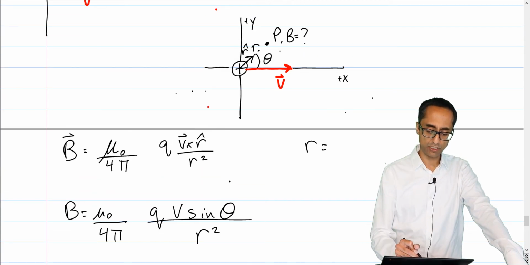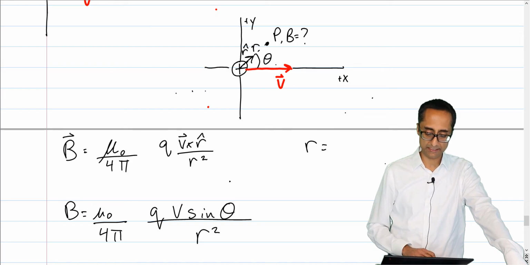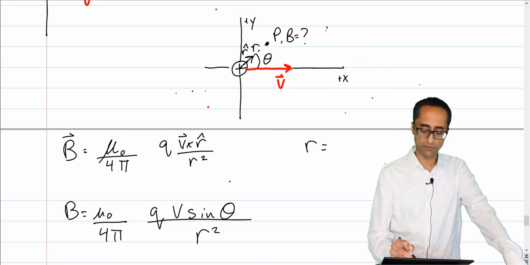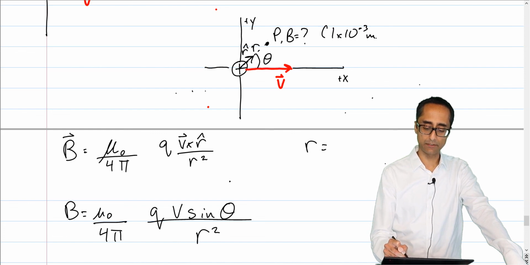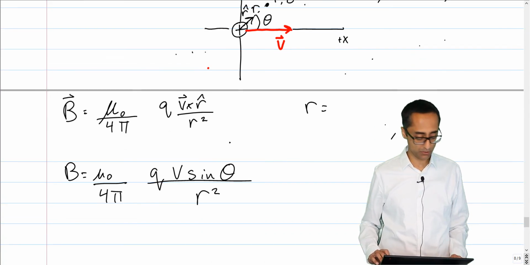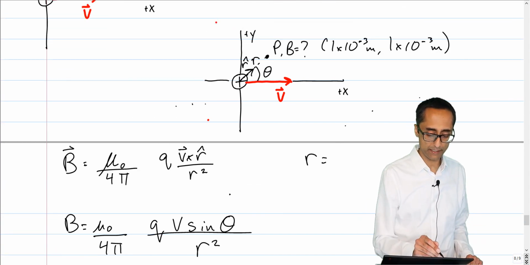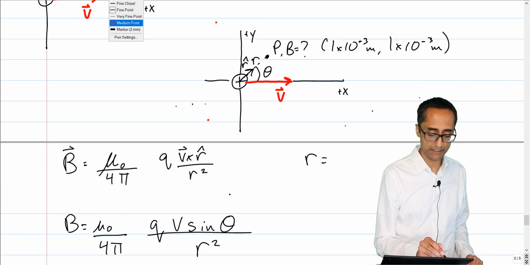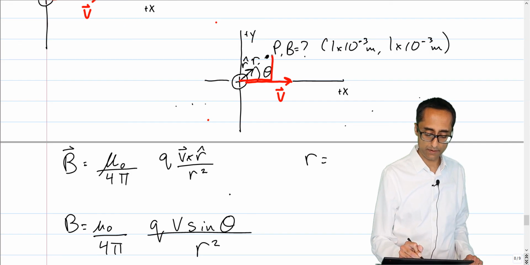Well, if this location here is 1 millimeter by 1 millimeter, we can do a Pythagoras theorem to figure it out. So this is 1 times 10 to the negative 3 meters, x position, and 1 times 10 to the negative 3 meters, y position. So to get the distance, it's just the hypotenuse of that triangle. If you don't see the triangle, just to highlight it, it's this one right here.